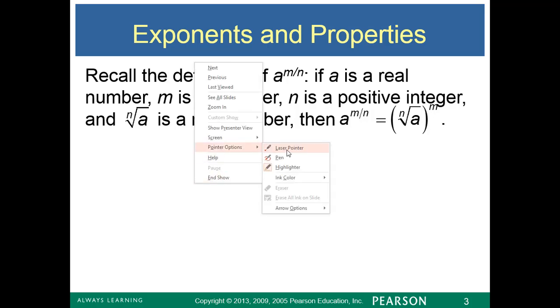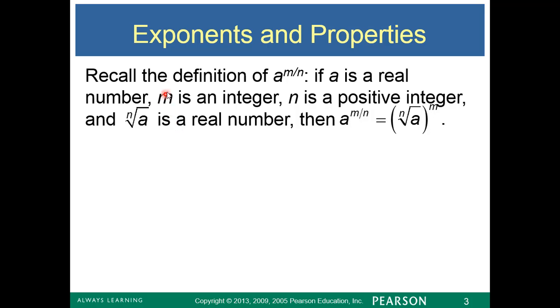Okay, so we recall the definition of a to the m divided by n power. If a is a real number, m is an integer, and n is a positive integer, and we know that the nth root of a is going to be a real number, then we can define a to the power of m over n as the nth root of a raised to the m power.